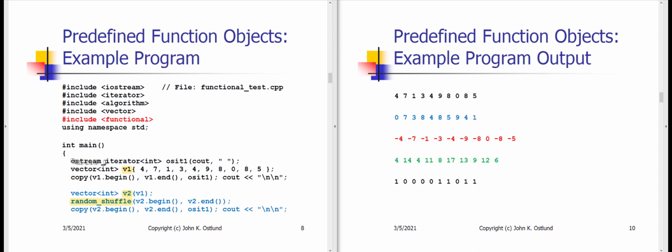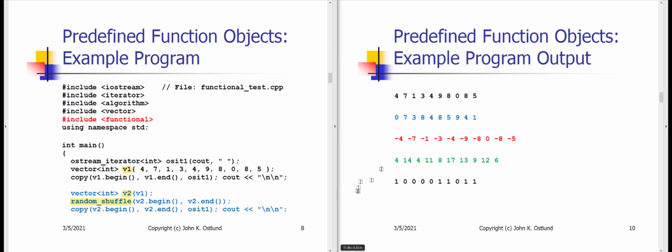All right, so we're creating our output stream iterator, we're creating V1, and we're displaying V1. And there is the output from our black part of the code, and it's just 4, 7, 1, 3, 4, 9, 8, 5, that's the values we put into V1. V2 is copied from V1, but then it's shuffled.